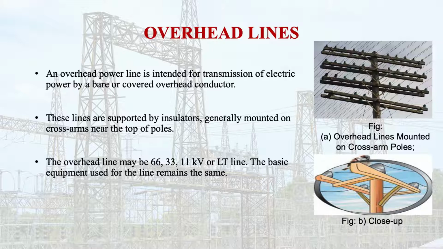The overhead lines may be 66 kilovolt, 33 kilovolt, 11 kilovolt or LT lines, low tension lines. The basic equipment used for the line remains the same in most of the overhead lines of different kVs, and in some cases it may change according to the voltages.